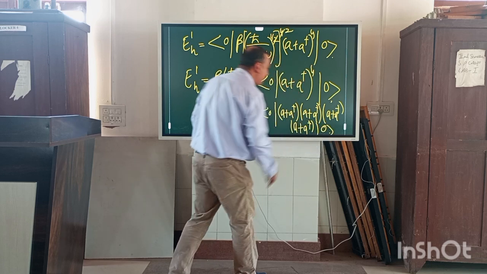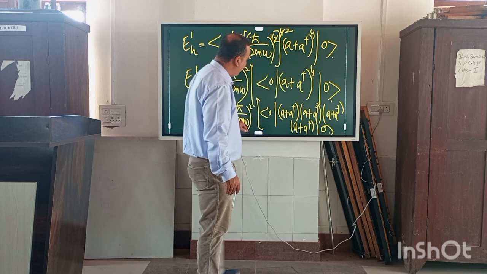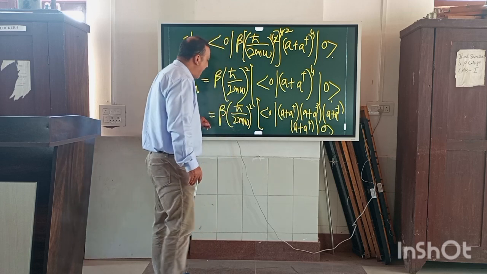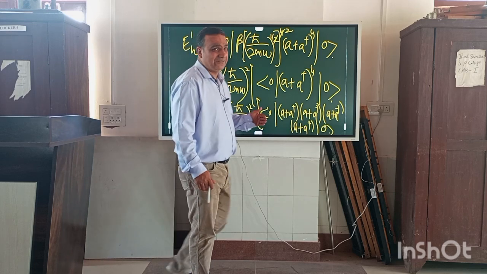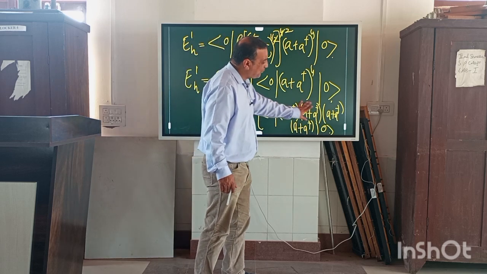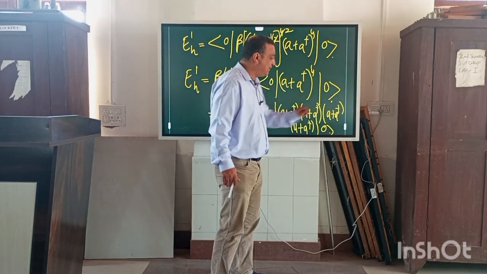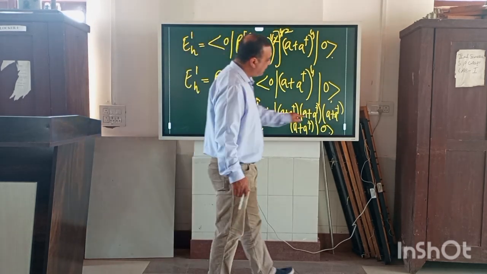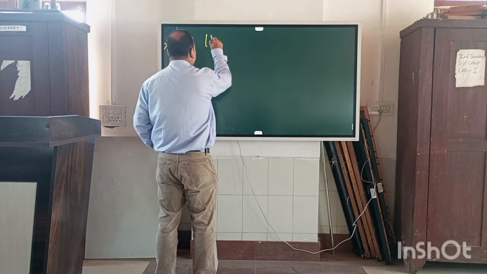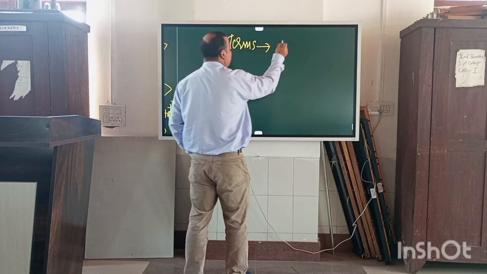Now, obviously, since we have the power 4, once we make those sequential multiplications, we will have 16 terms. 16 terms will come out on multiplying these brackets. And after having these 16 terms, 14 terms will give us 0 result.